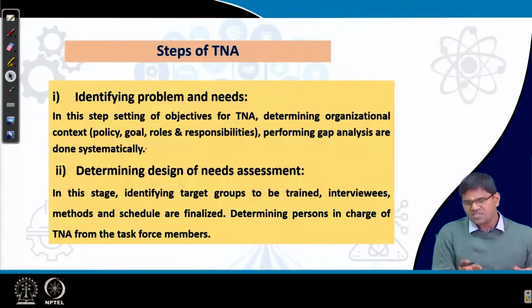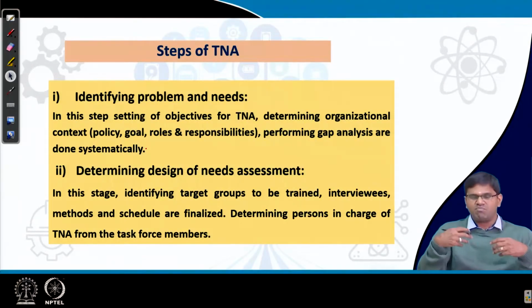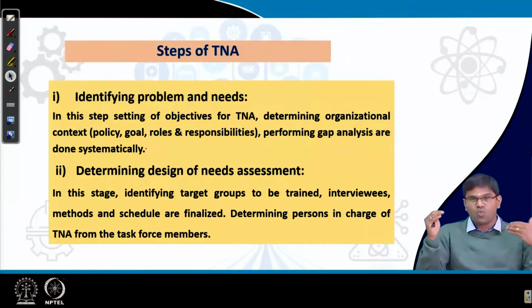So in the first step we are identifying the problems and needs. In this step we are actually setting up the objectives for training needs assessment. So we will be determining the organizational context, what context we are going to conduct this training need assessment.